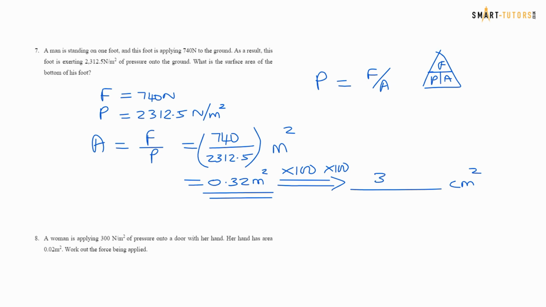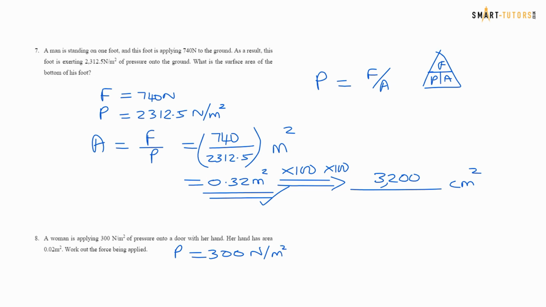So this is going to be 32 with another 3200 centimeters squared, or you can leave it as 0.32 meters squared. A woman is applying a pressure of 300 Newton per meter squared onto a door with her hand.